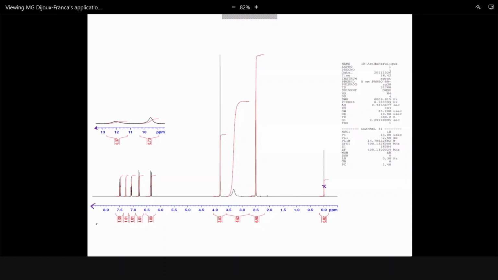Okay, if you count, I have one. When you have a broad signal like that, usually it's about hydrogen of alcohol groups.